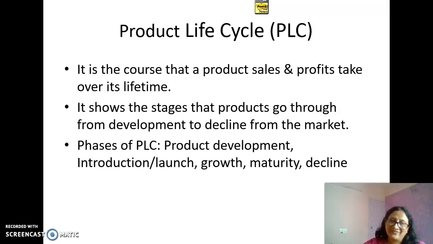So, the actual phases of product life cycle are complete product development, then launching the product in the market, observing its growth, then maturity, where the product gets matured in the market and we get maximum benefit, and over a period of time benefit starts decaying, that is, the product starts declining from the market.